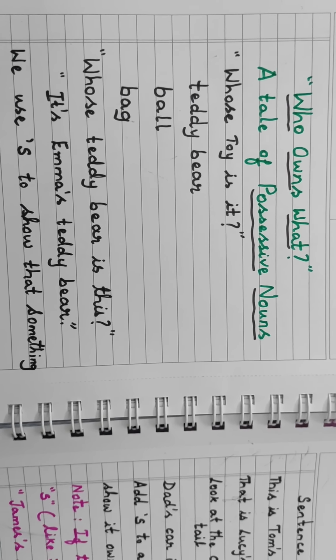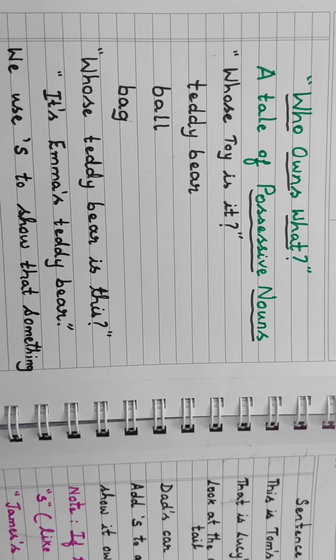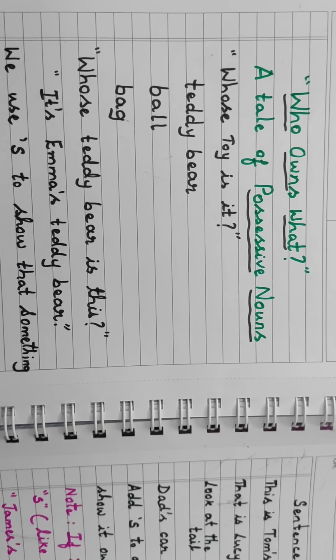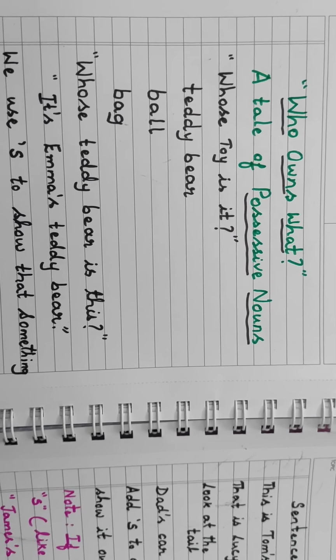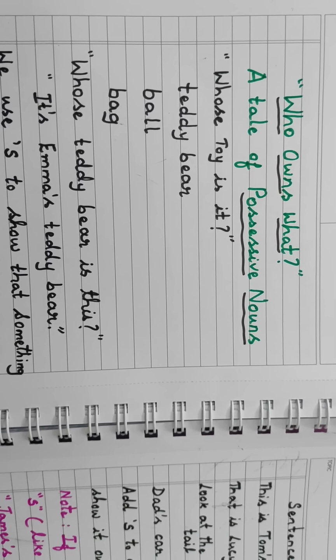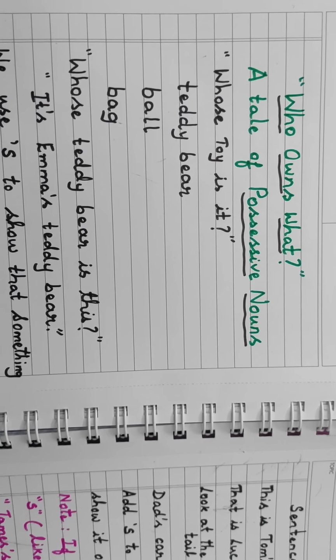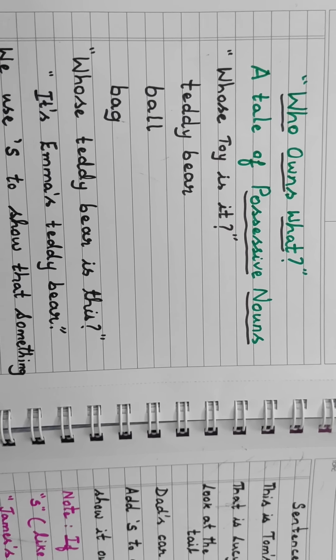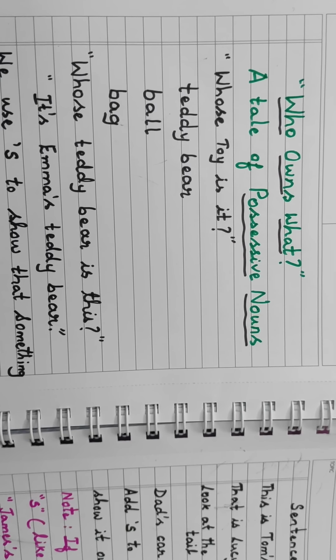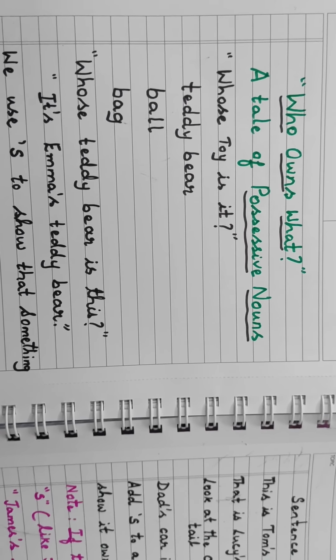So this is my pen, I can say. The ball belongs to somebody else. The ball belongs to another child. So that will be the child's ball. So this is called possessive noun. Possessive means who owns what or whose thing it is.